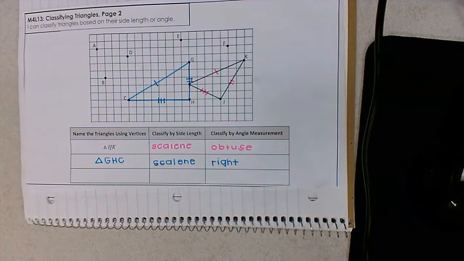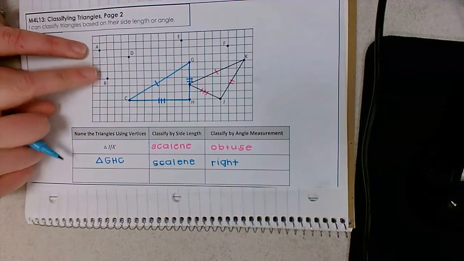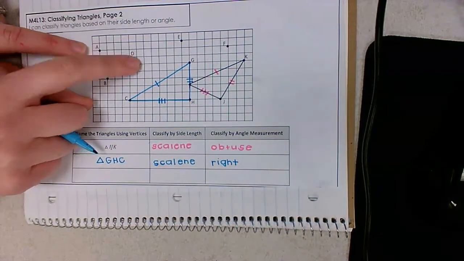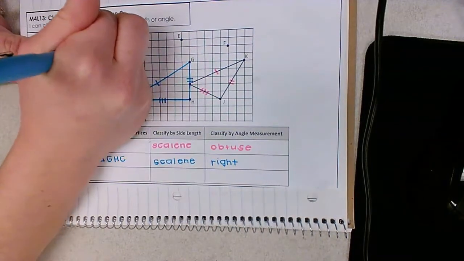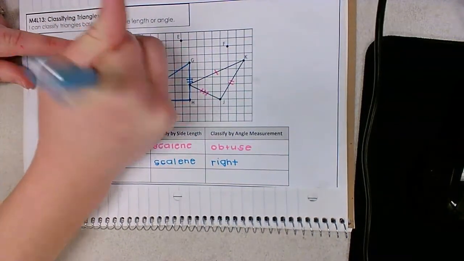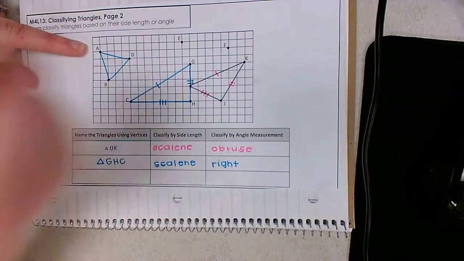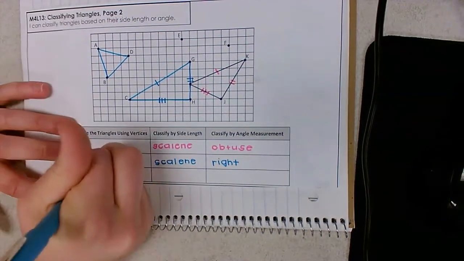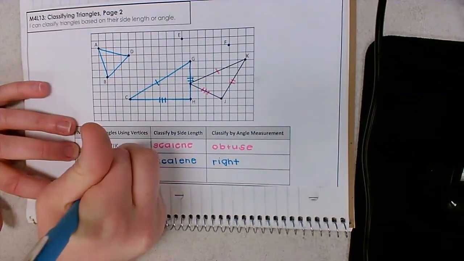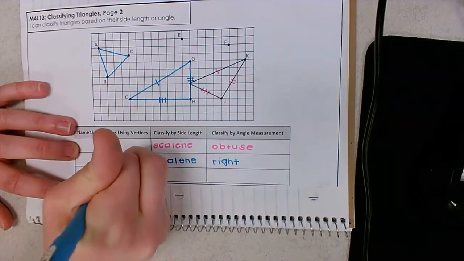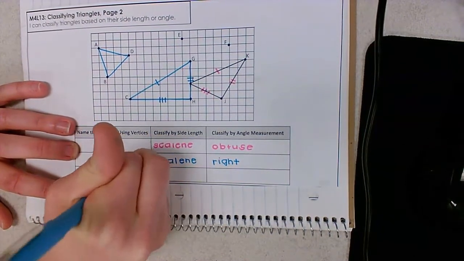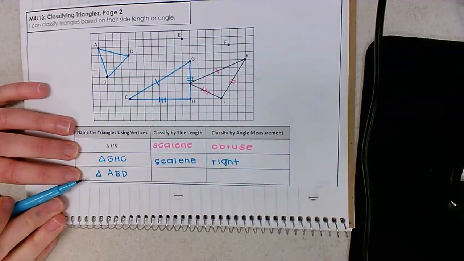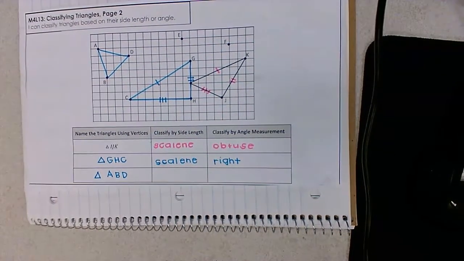Let's practice one more. We're going to connect A to B, B to D, D to A. Remember to name it. You draw your triangle symbol and the three letters that work together to form that triangle.